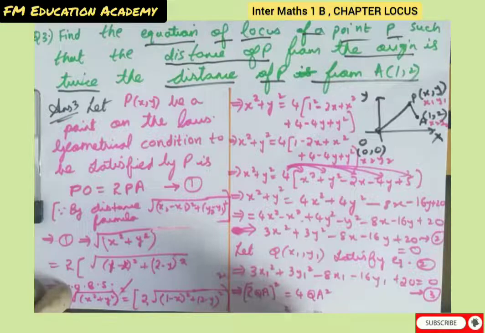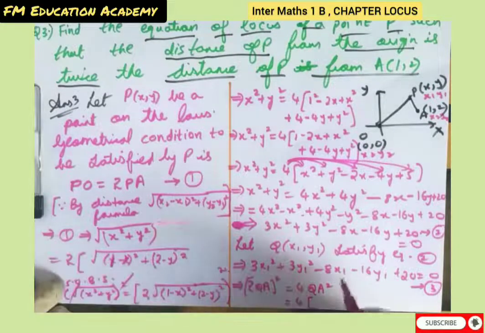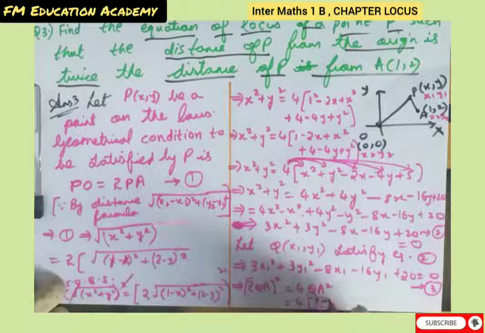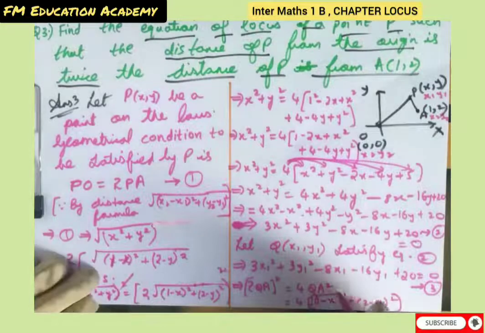So 4QA square, this we know, is root of (1 minus x) whole square plus (2 minus y) whole square, whole square. So square and root will get cancelled.